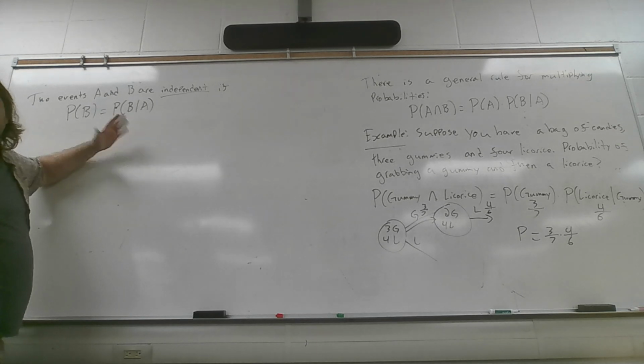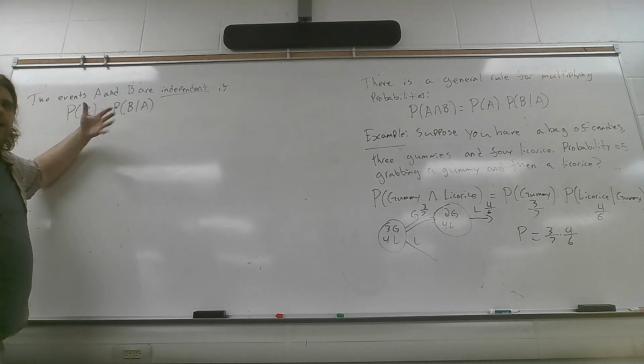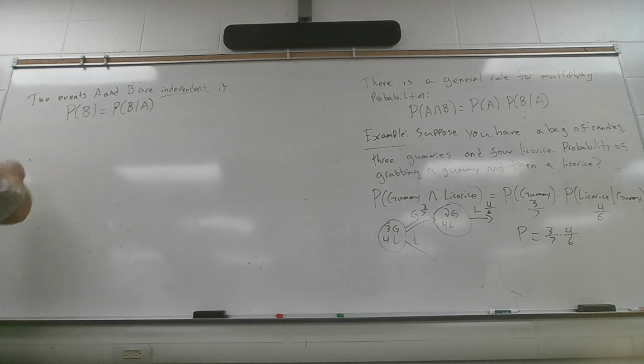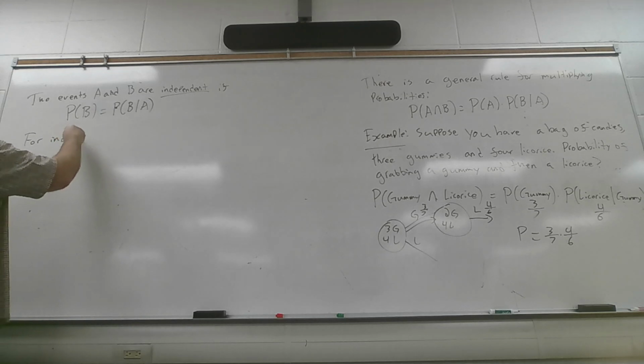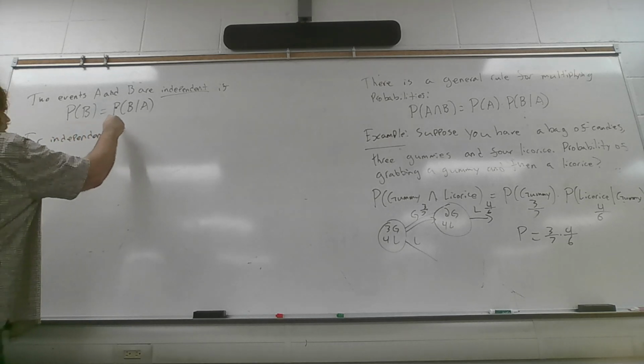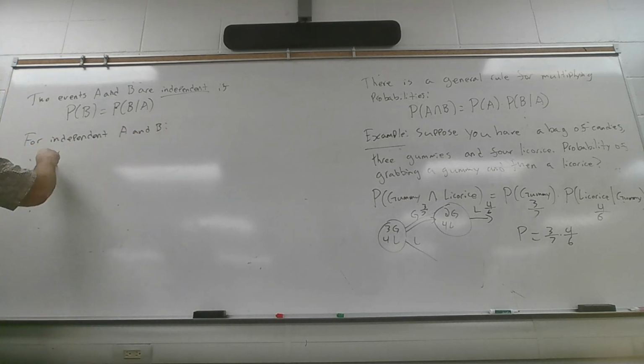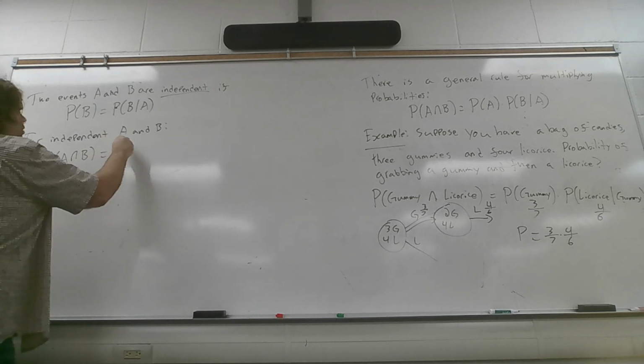They're the same probability. So that makes sense to call that independent, right? An event happened, didn't affect the next one. But that means for independent events, P of the intersection is just multiply the probabilities.